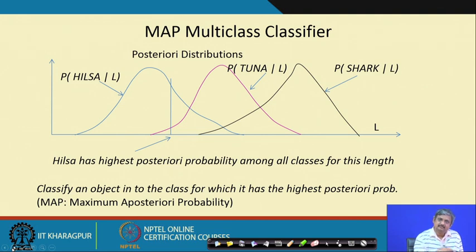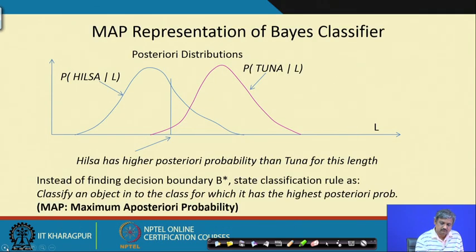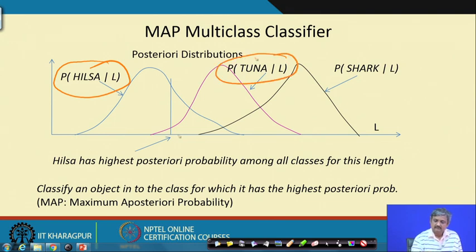Using that base rule, I find the posterior, which is class conditional into prior, for Hilsa. I find the posterior curve for tuna, pink, and I find the posterior curve for shark, black.